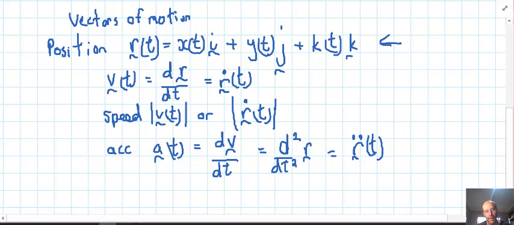Now remember, when we're taking the magnitude of things, the speed being the magnitude of a vector, it would be the magnitude of the vector.